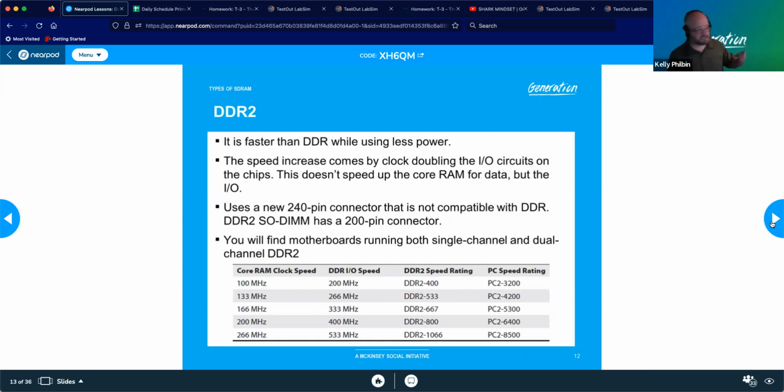So we're doubling it yet again. And then we multiply it by 8 at the end to get our PC speed rating. Instead of 1600, we now have 3200. So all we've done is double the data rate one more time. And so instead of half notes, we're now using quarter notes.